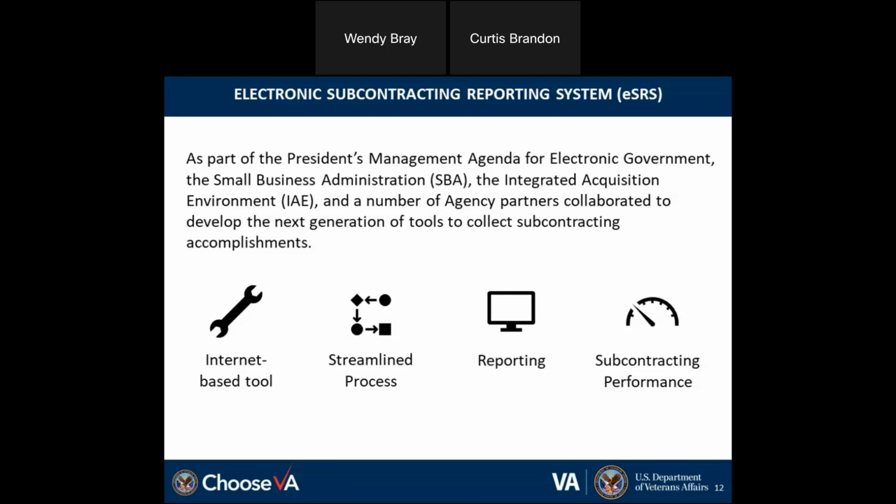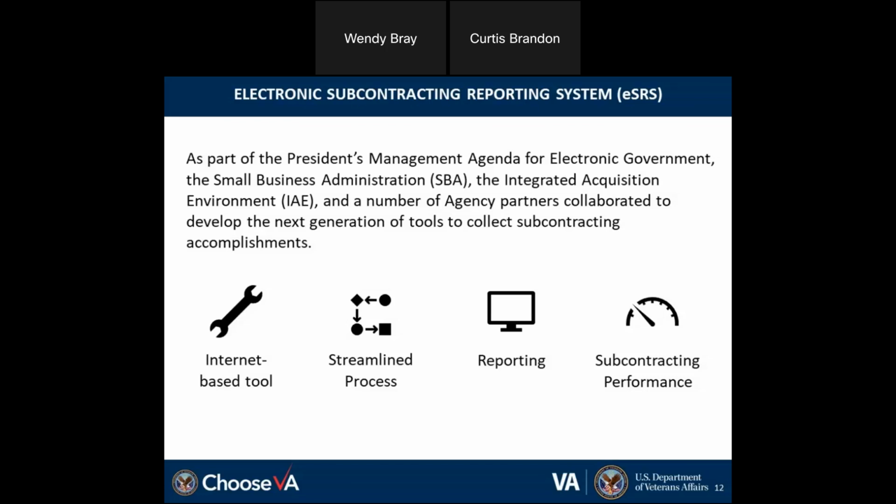When a prime and or a subcontractor holds one or more contracts over $700,000, or over 1.5 million for construction of a public facility, it is required to report subcontracts awarded to these socioeconomic classifications: small business, small disadvantaged business, woman-owned small business, HUBZone small business, veteran-owned small business, service-disabled veteran-owned small business, Alaskan Native corporations, and Indian tribes concerns under a subcontracting plan with the federal government.